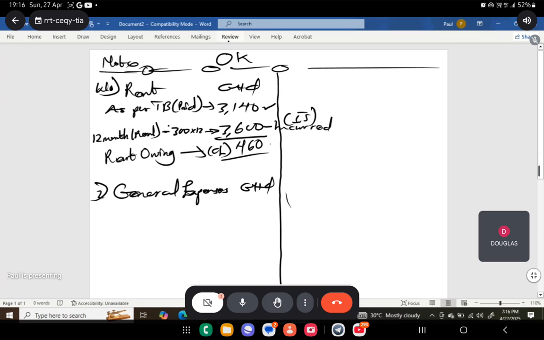So they have to top up the difference between 3,600 and 3,140, which is 460. That 460 is rent owing, and we treat it as a liability. But when recognizing rent in the income statement, we have to recognize the full amount of rent incurred, the full 12 months rent, because we are preparing the income statement for a 12-month period. Please, you understand? Any question on that one?